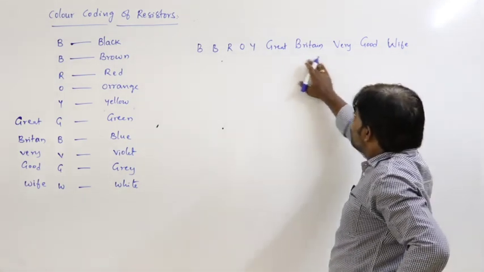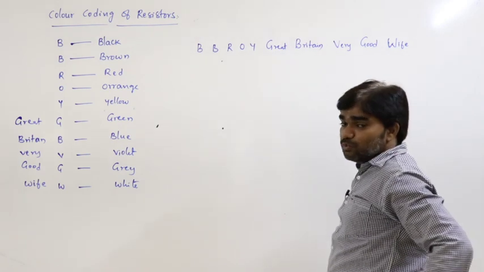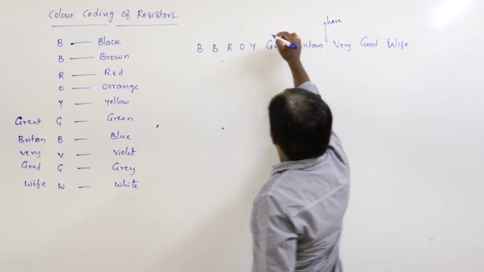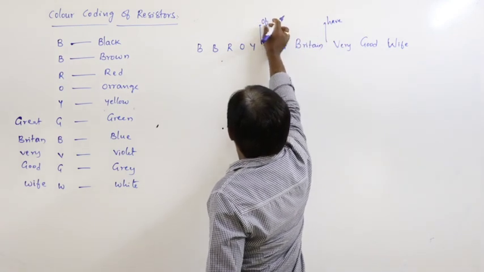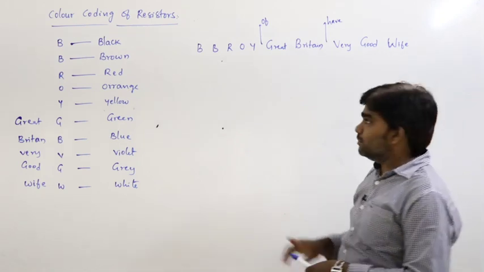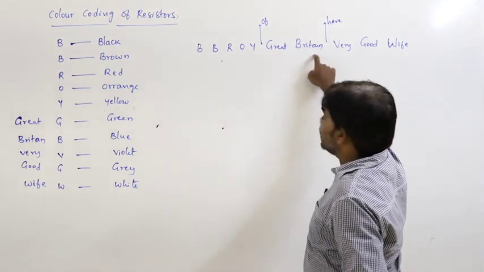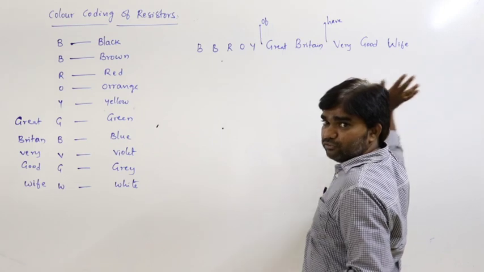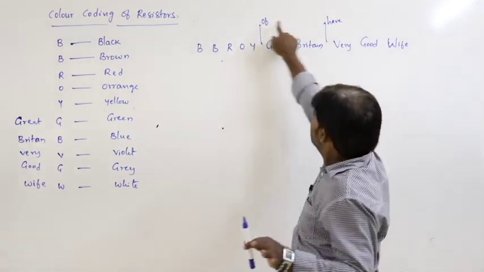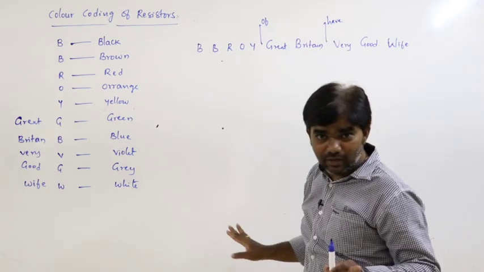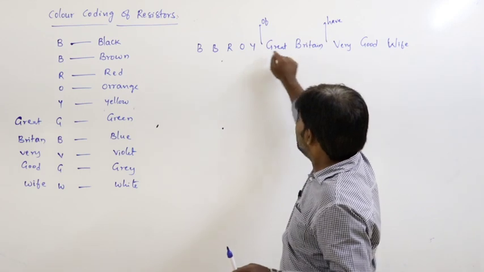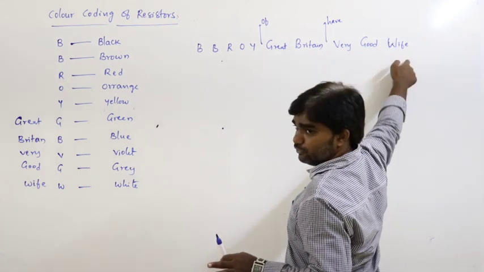So B.B. Roy of Great Britain has very good wife. There is no need for the H and O here; it is just sentence formation. Of means O and have means H, which don't have any meaning here.